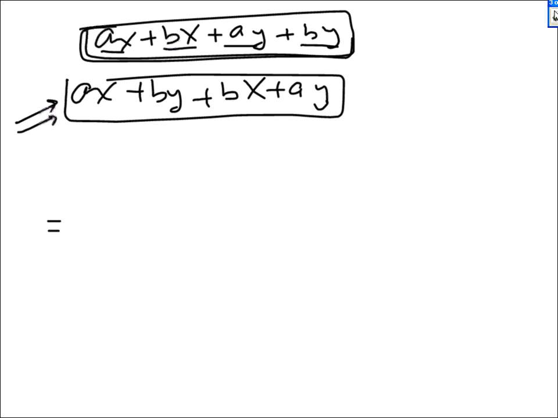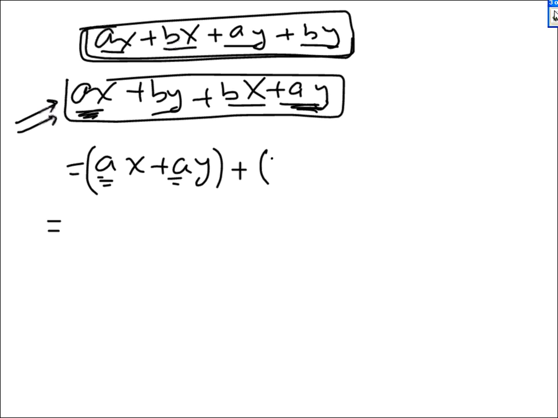For example, if you put AX plus AY in one bracket, clearly, the A's will be common. And then in the second bracket, you write BY plus BX.